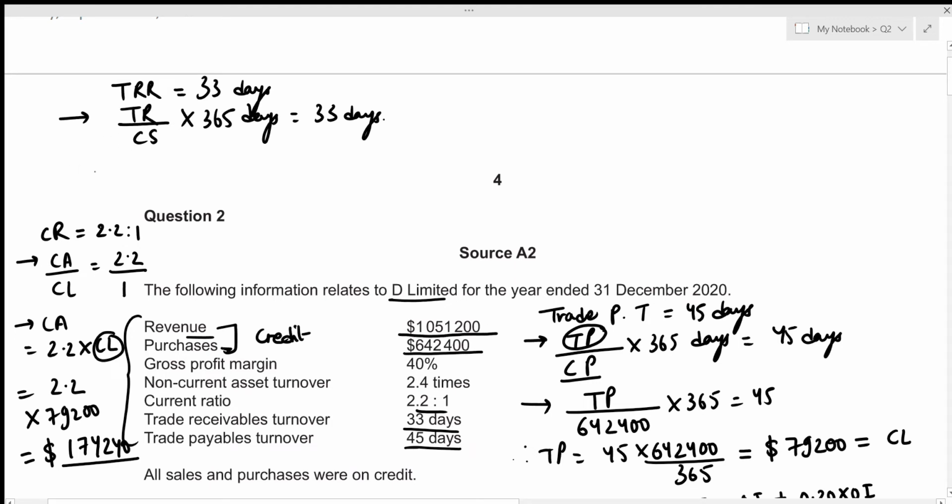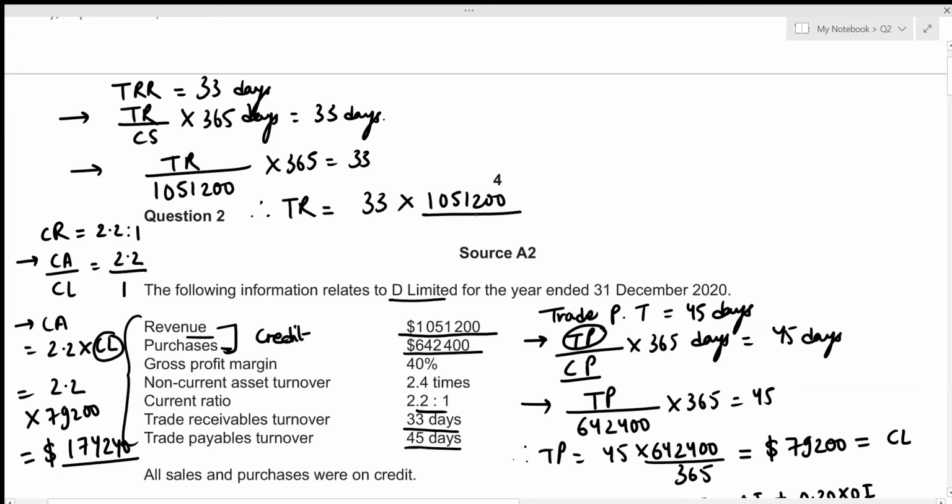Let's substitute that amount. So that's trade receivables divided by 1,051,200 times 365 equals 33. So this just gives the trade receivables to be 33 times 1,051,200 divided by 365, which results in 95,040.